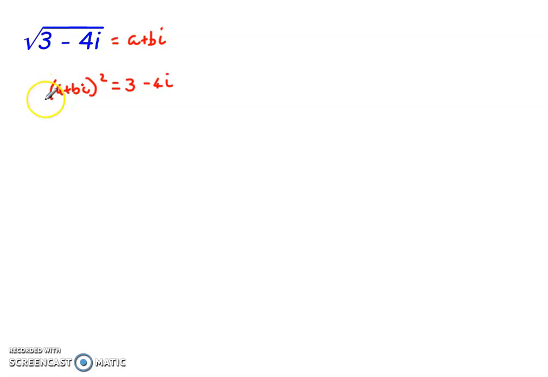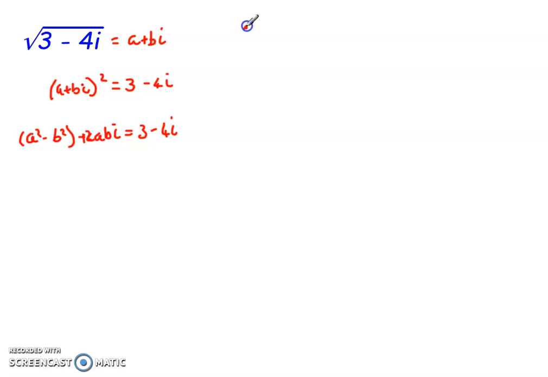If I then multiply out the bracket here, I get a squared minus b squared, which I'll bracket off because that's the real part, plus 2abi for the imaginary, is equal to 3 minus 4i. So now at this stage we do what we did before and we equate the real and imaginary parts together and find my a and my b from that.